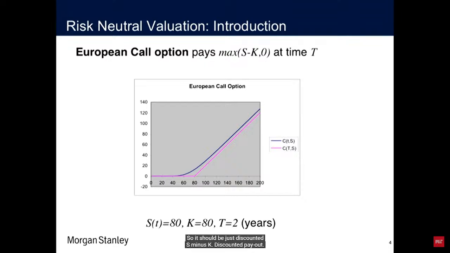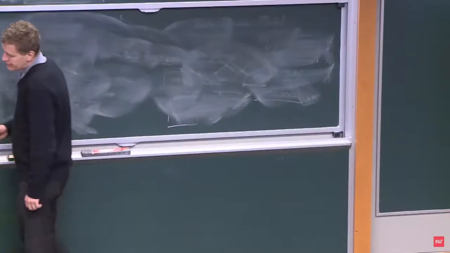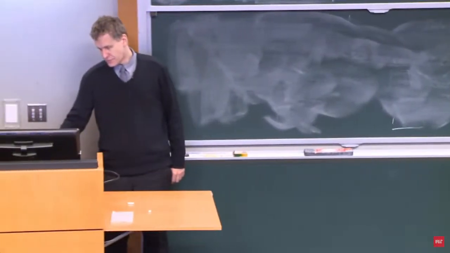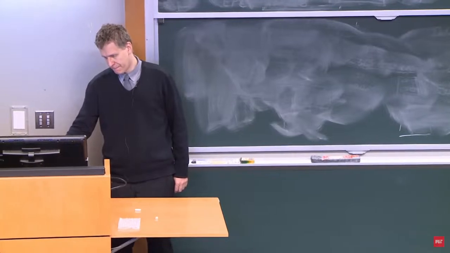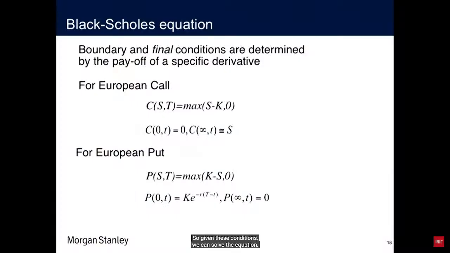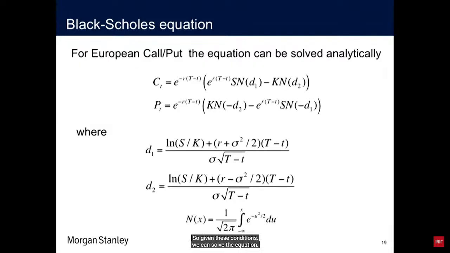So it should be just the discounted S minus K, the discounted payout, right? And similarly for put. So given these conditions, we can solve the equation.